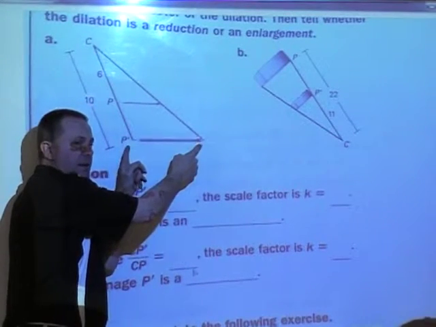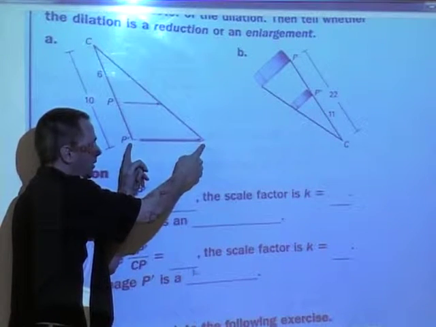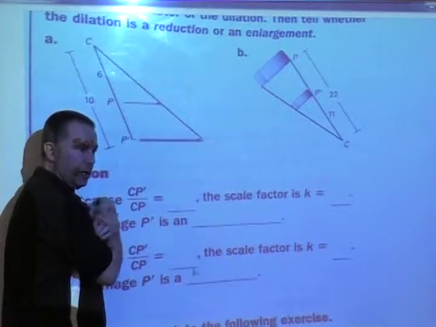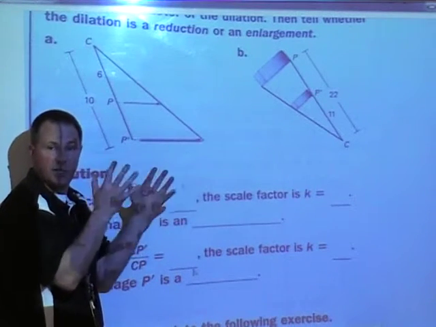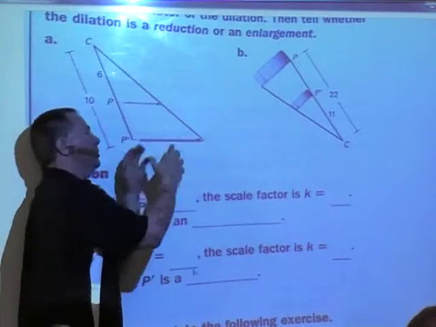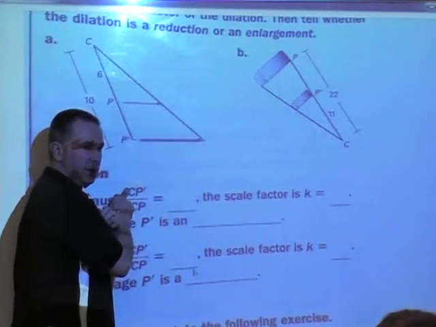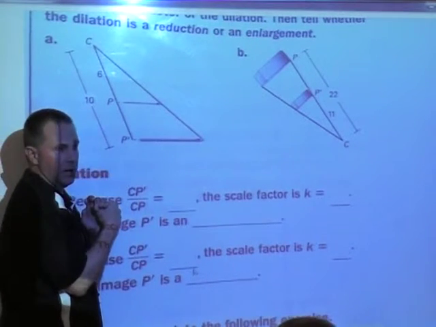You always put that prime image in the numerator of your fraction of your scalar. Your scalar is what you're multiplying everything by to get your image, okay? How do you do it? Put the prime values in the numerator, and you put the image values in the denominator.